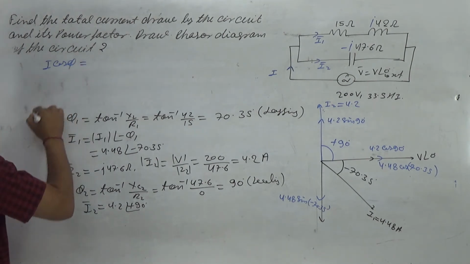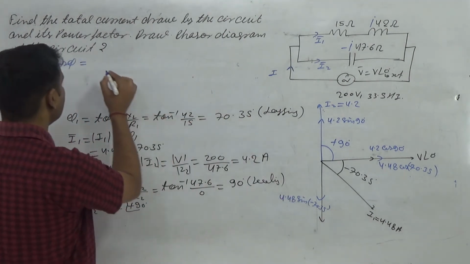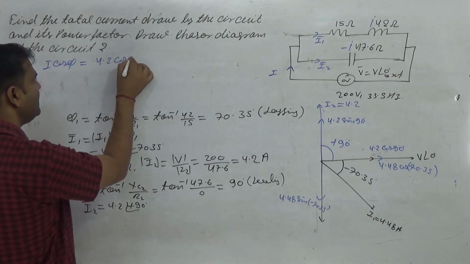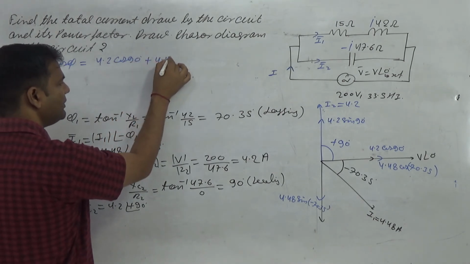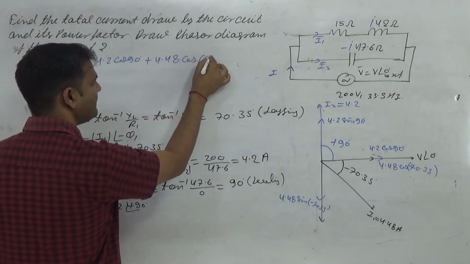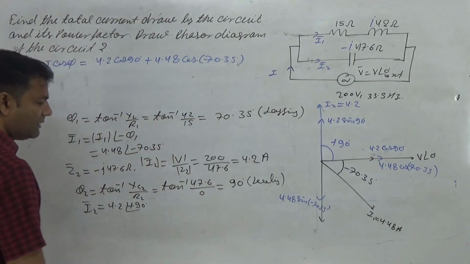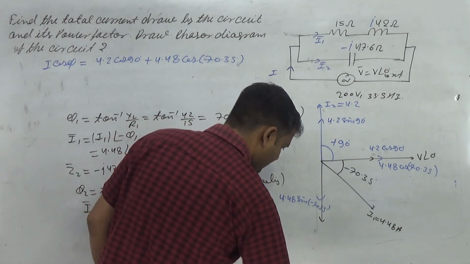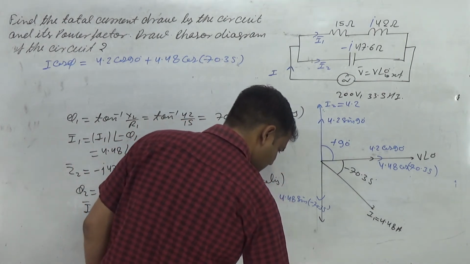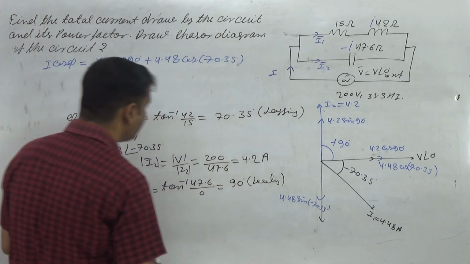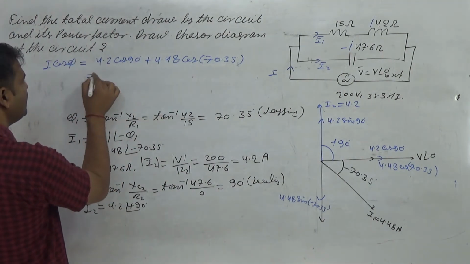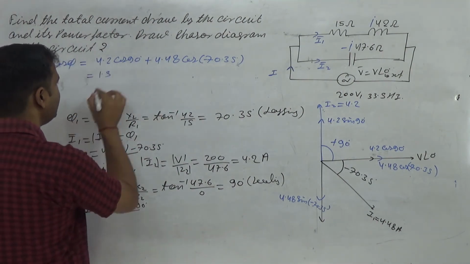I cos phi is written as 4.2 cos 90 plus 4.48 cos of minus 70.35. Clear or not? So we got this value, that is 1.5 ampere.